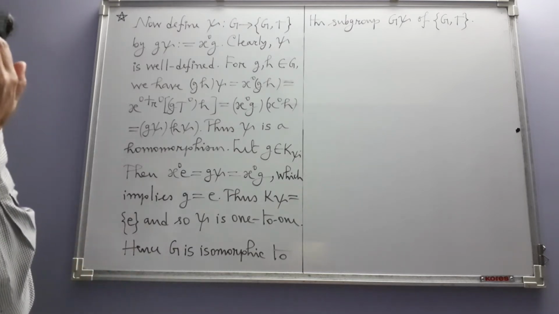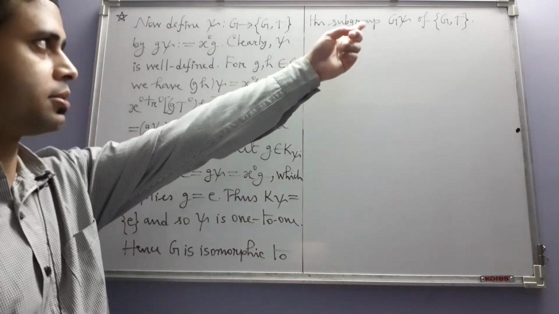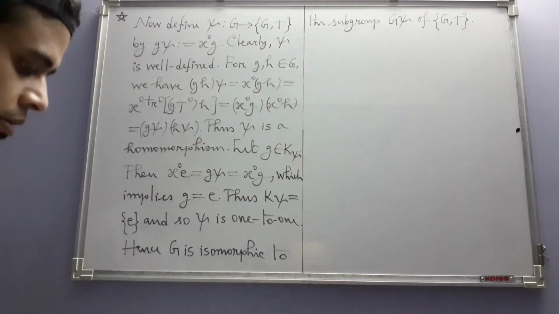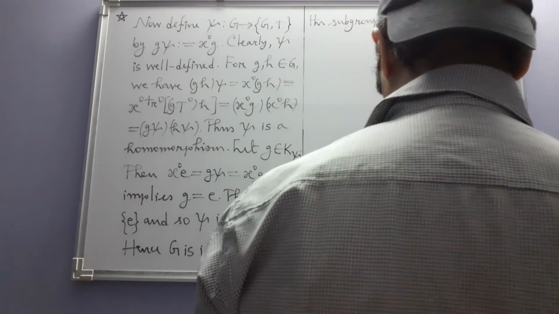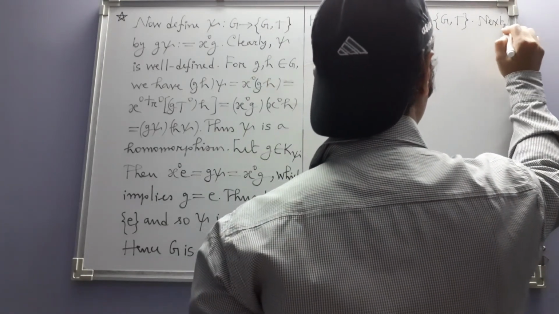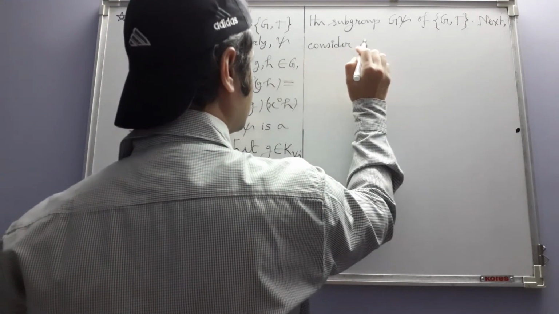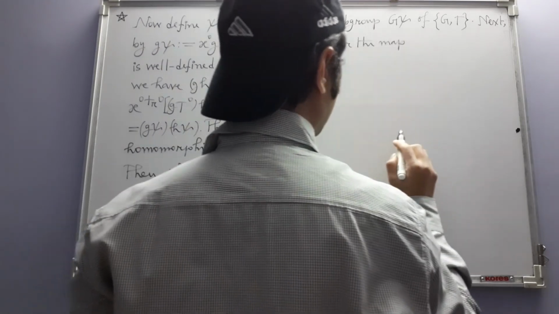Now, instead of directly showing that this subgroup is normal here, we are going to take one step more, and we at once consider the map.